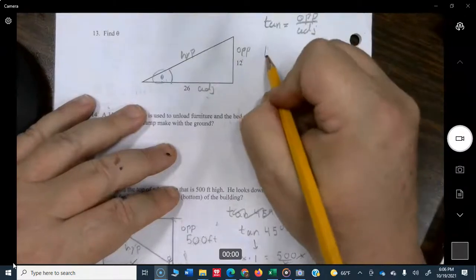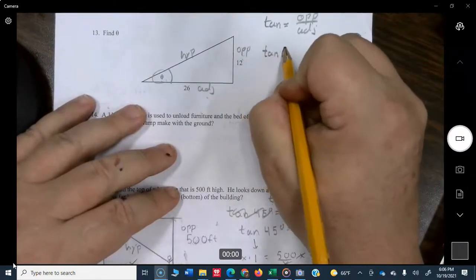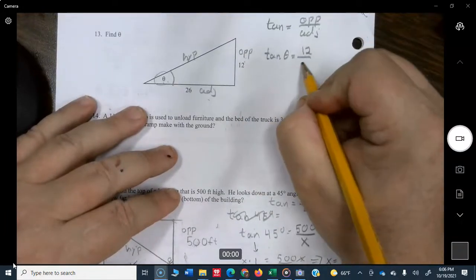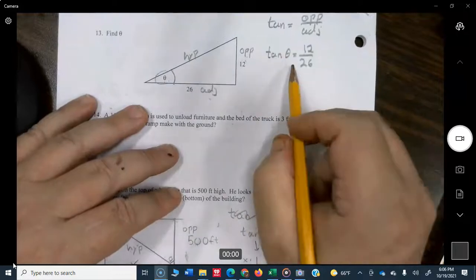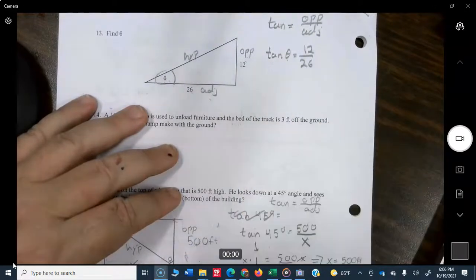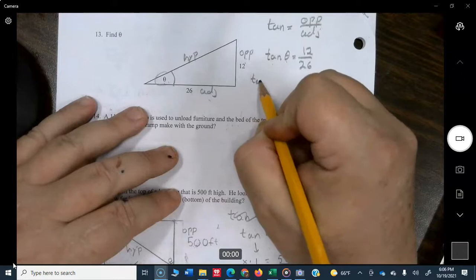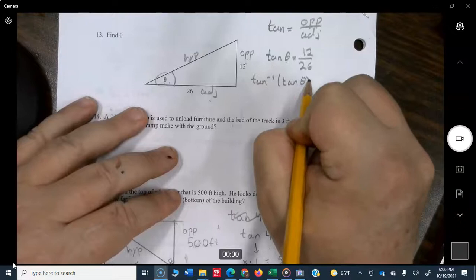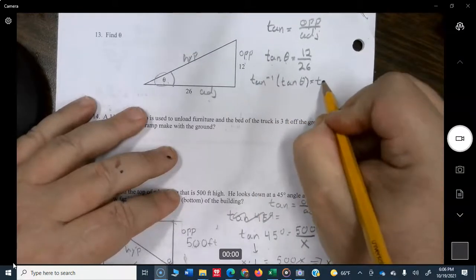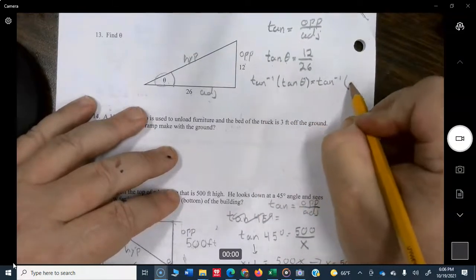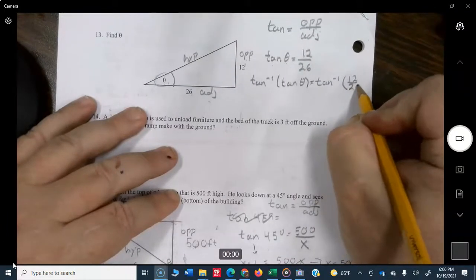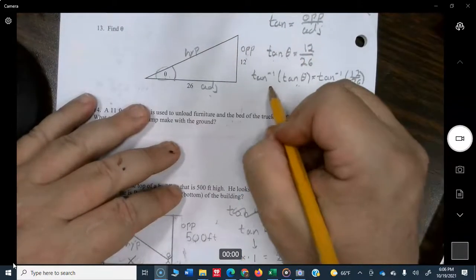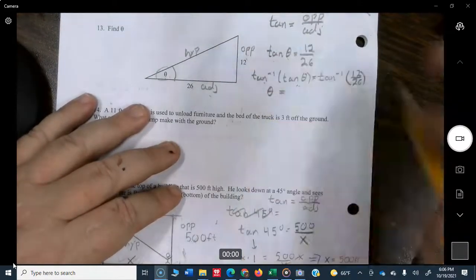Okay, so now we're going to plug in the numbers. Tangent of theta, that's our unknown, equals opposite is 12 over adjacent is 26. We need to get the theta out of the tangent, so you inverse it. Tangent minus 1 of tangent theta equals tangent minus 1 of 12 over 26. All right, so these two inverse each other, so all you end up with here is theta. That's what you want to ultimately find out.